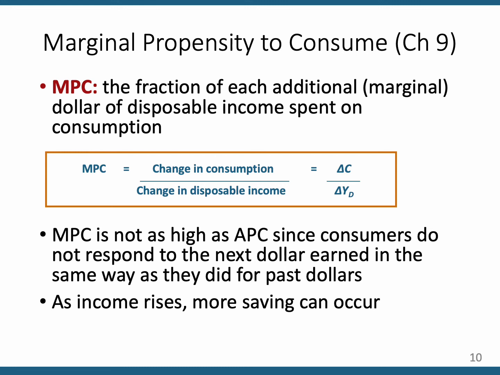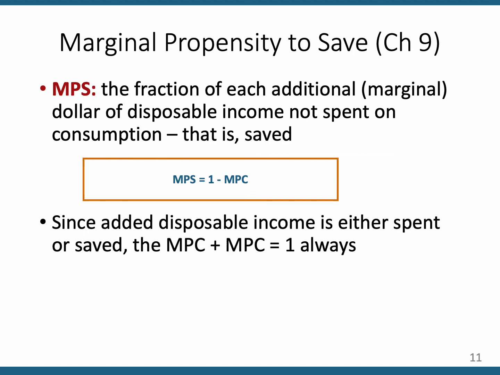And so, again, marginal propensity to consume would be the percentage or proportion of marginal income, some change to your disposable income, that you spend. And then there's also marginal propensity to save. That would be the percentage or proportion of any marginal income you would receive that gets saved. So there's a relationship between marginal propensity to consume and marginal propensity to save.